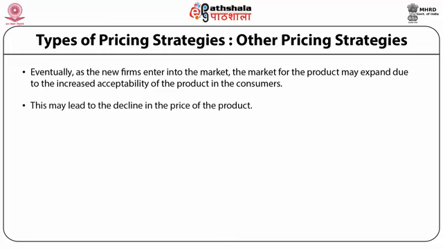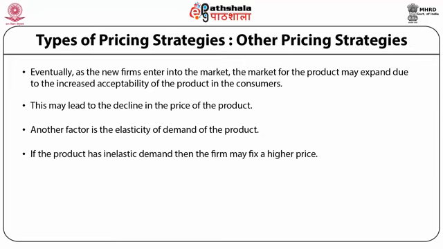This may lead to a decline in the price of the product. Another factor is the elasticity of demand of the product. If the product has inelastic demand, then the firm may fix a higher price.